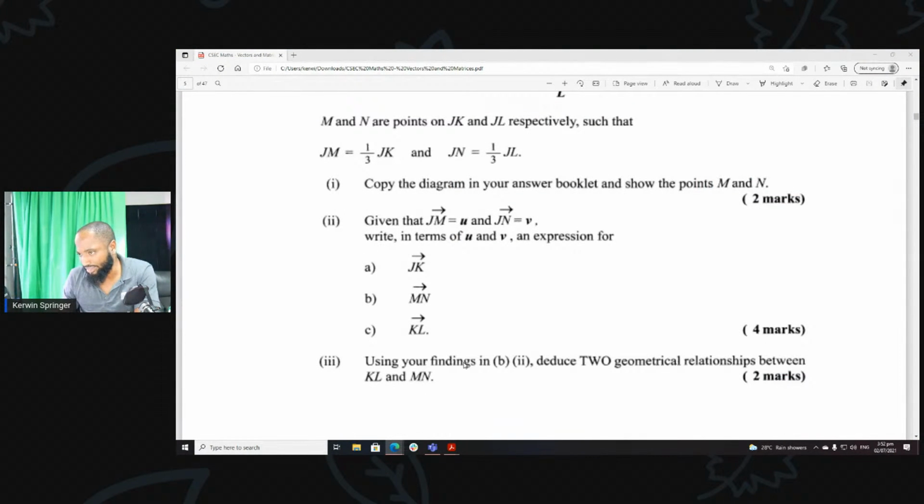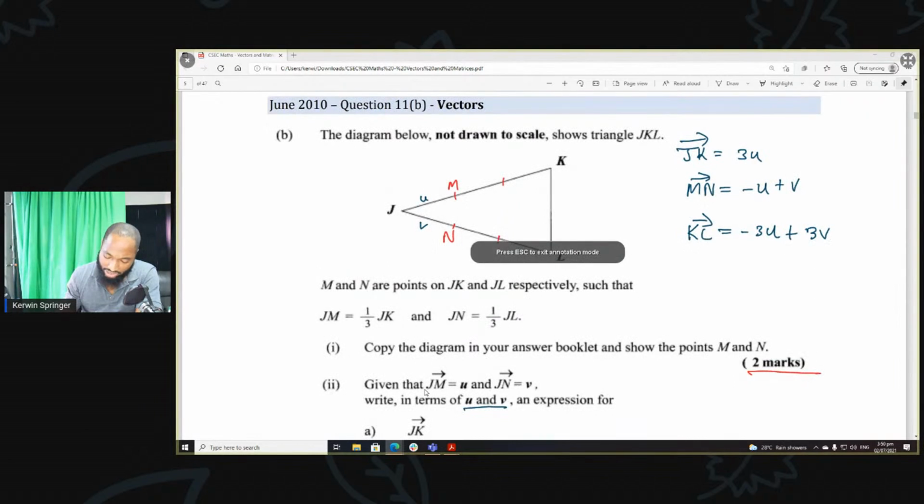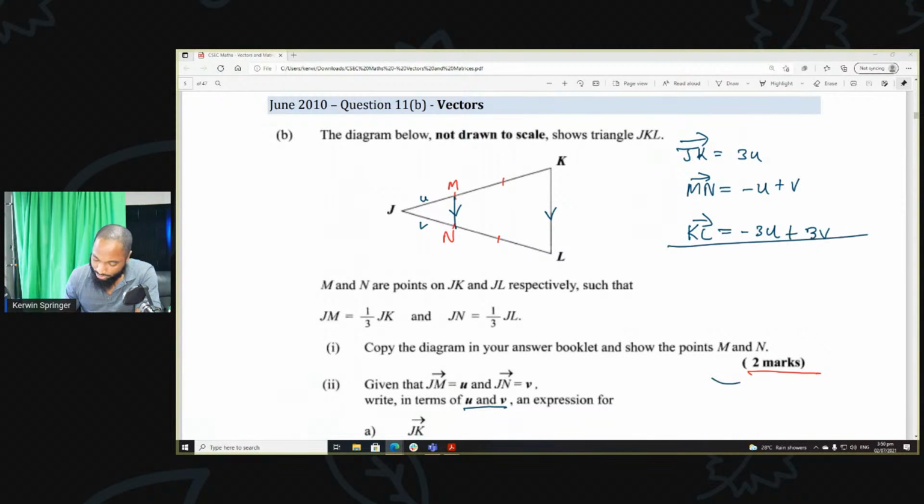Using your findings in B part 2, deduce 2 geometrical relationships between KL and MN. Well, 2 geometrical relationships just mean we need to say that they're parallel. They're parallel because there's a common factor.